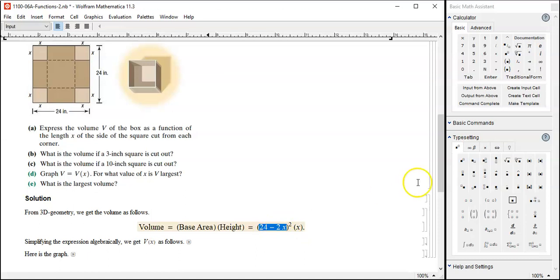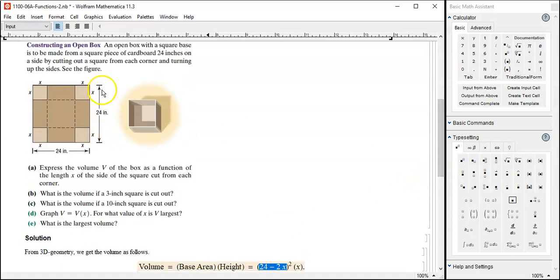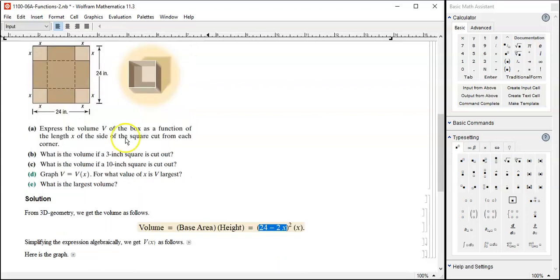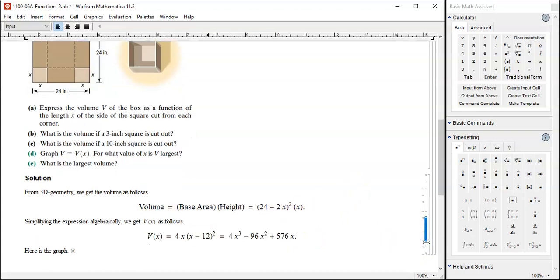24 minus 2x, 24, and then here's x, another x. So the one side is 24 minus 2x. And then that's squared, so that's the base area. And height is, of course, x, we discussed it. So that's the volume. And you can simplify this if you want to by expanding the parentheses and doing all those.